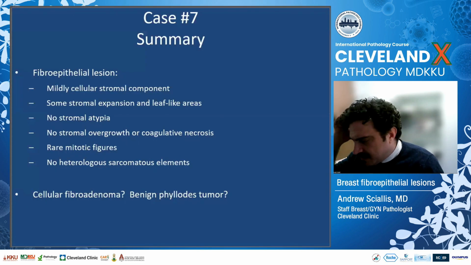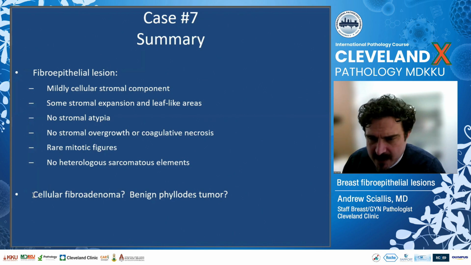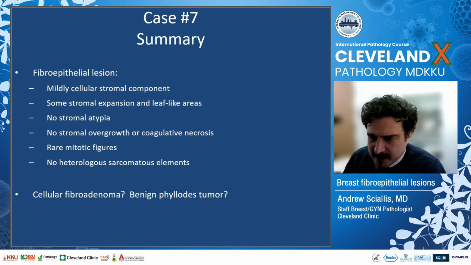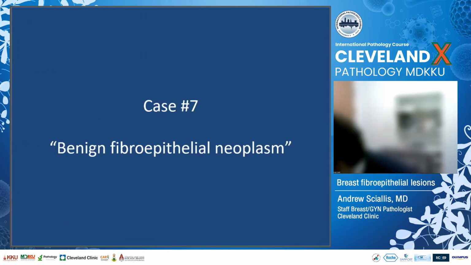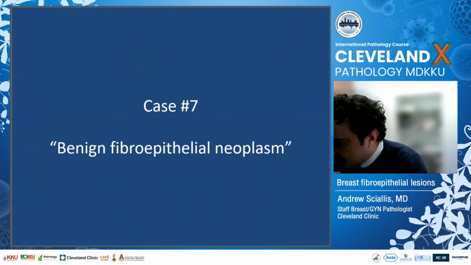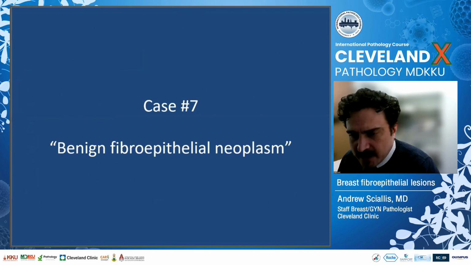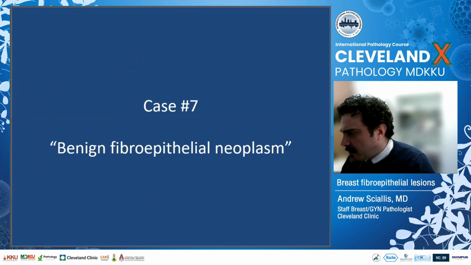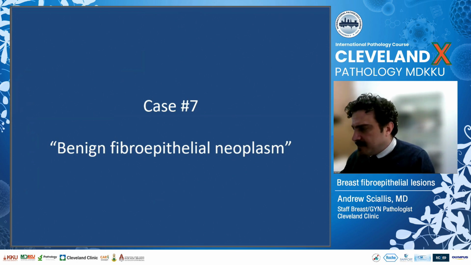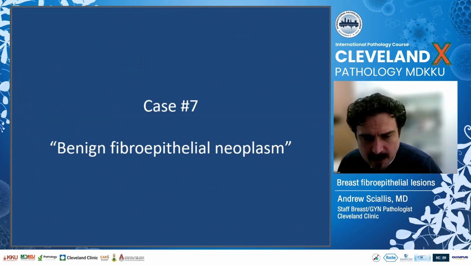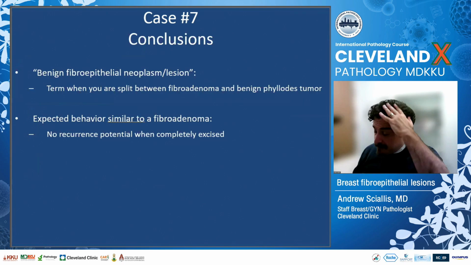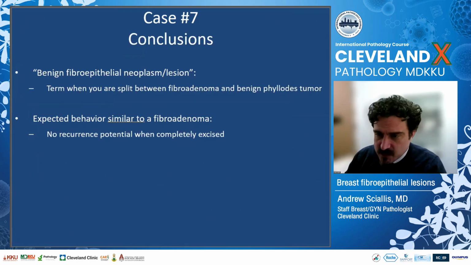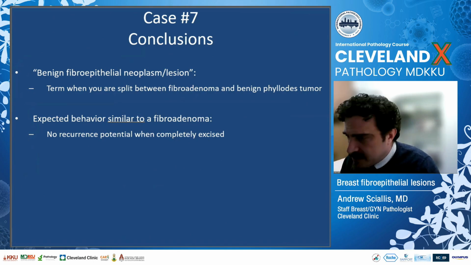So I bet you, and even if you were to ask me, I would be split between calling this a cellular fibroadenoma and a benign phylloides tumor. And for these cases, I split it again, as you will also find in the WHO, calling these things a benign fibroepithelial neoplasm, in which there are overlapping features of a benign phylloides tumor and a cellular fibroadenoma. The vast majority of these behave like fibroadenomas. There's really no recurrence potential when they're completely excised.